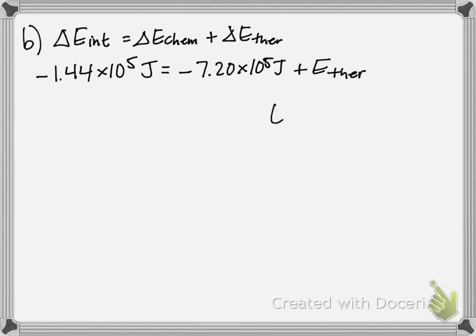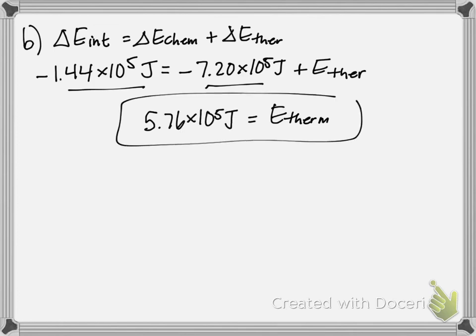Solving for the change in thermal energy, we just add, and this number is bigger than this number, so we're going to get a positive over here, 5.76 times 10 to the 5th joules. That's the amount of energy that goes into warming up the rower.